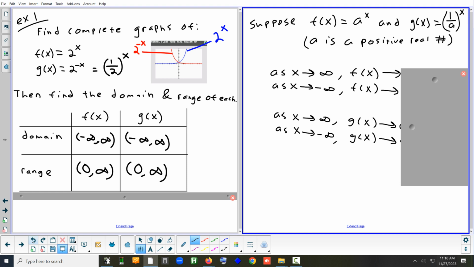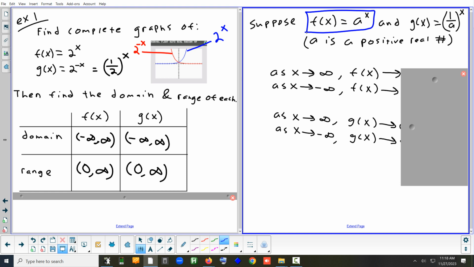The first one says, looking at f of x, that's the one that looks like our blue one. If it was 3 to the x, it would just curve up a little sooner, but it still is going to look something like the blue one. As x heads to the right, the y value is getting close to what on the blue graph?